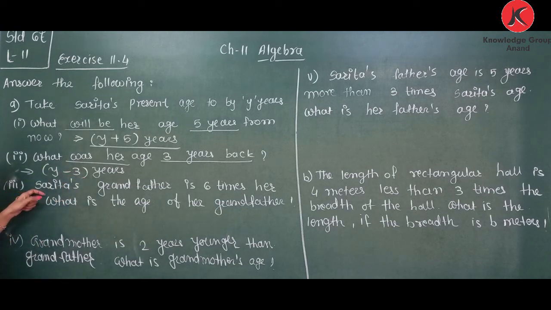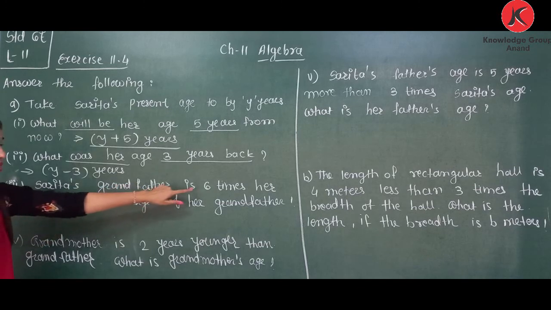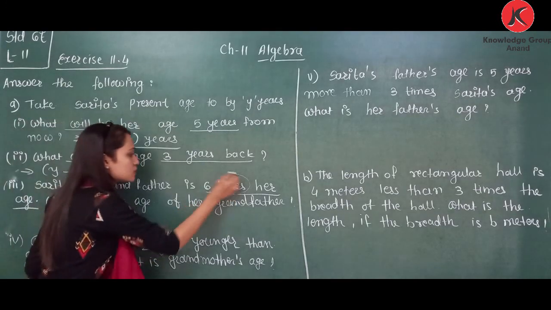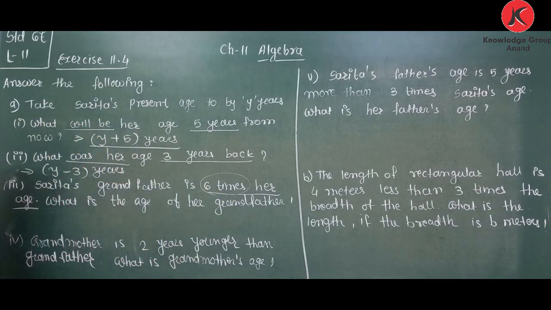Next, Sarita's grandfather is 6 times her age. What is the age of grandfather? What is Sarita's present age? She is y years. So 6 times her age means multiply by 6.